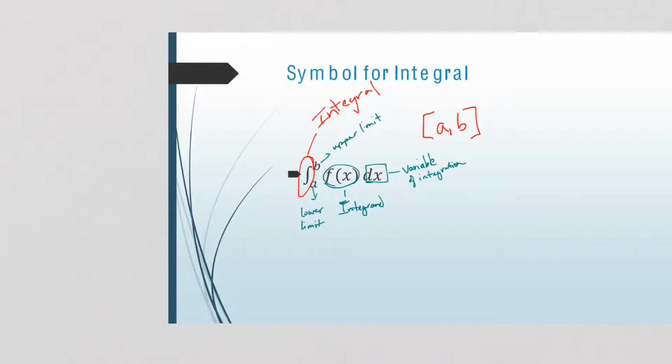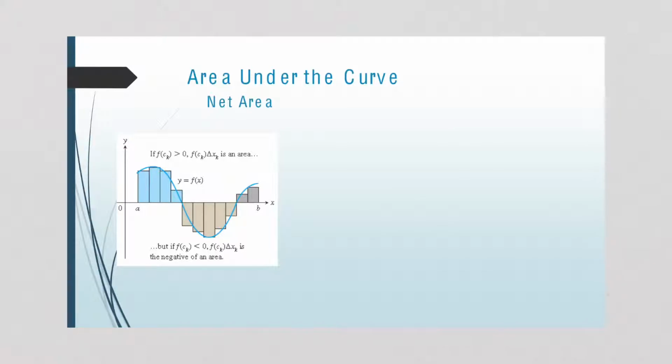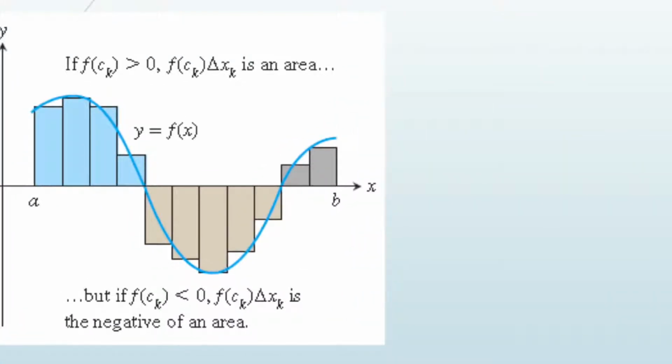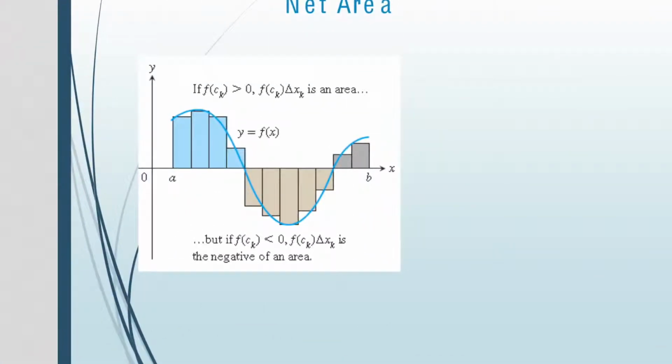Right? So when we talk about the integral, sometimes we have situations where f of x is above and below the axis. So when I talk about the area under the curve, I'm going to have positive and negative area. So all of the area above the axis is positive.